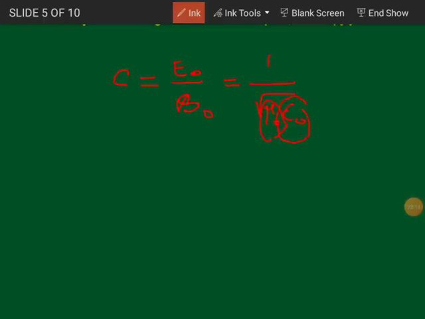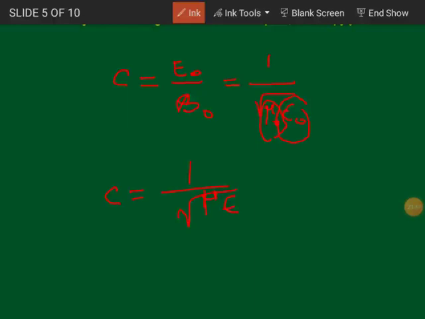But had it been in some other medium, having the absolute permeability mu and the absolute permittivity of the medium epsilon, then your c would have been related as 1 by root over mu epsilon. That is the meaning that I want to convey.